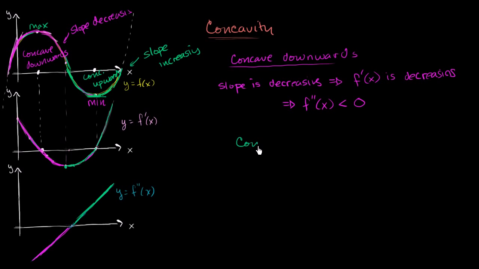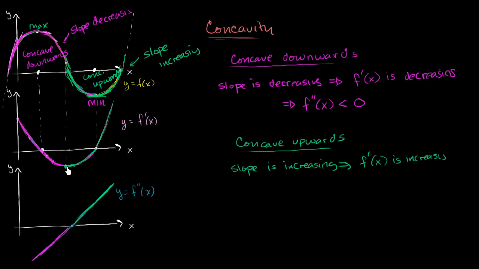Similarly, I have trouble saying that word. Let's think about concave upwards, where you have an upward opening u. In these intervals, the slope is increasing. We have a negative slope, less negative, 0, positive, more positive, even more positive. So the slope is increasing, which means that the derivative of the function is increasing.